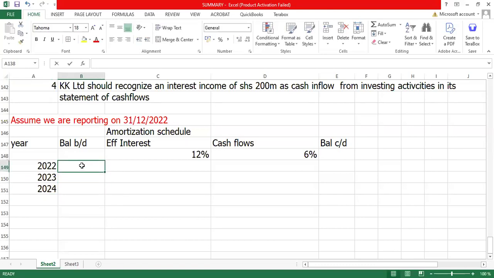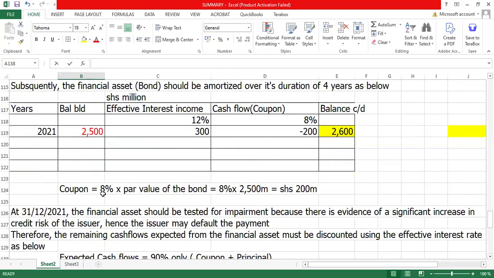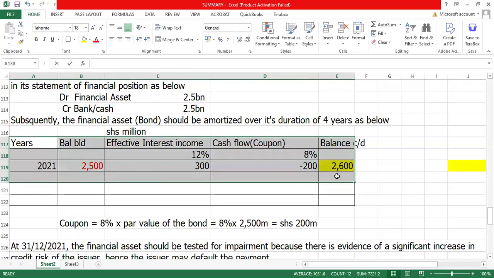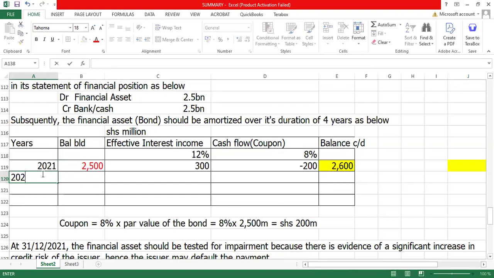What do you put here? You put the recoverable amount. Because like here, if at all we are using this amortization schedule in 2022, you could put this.